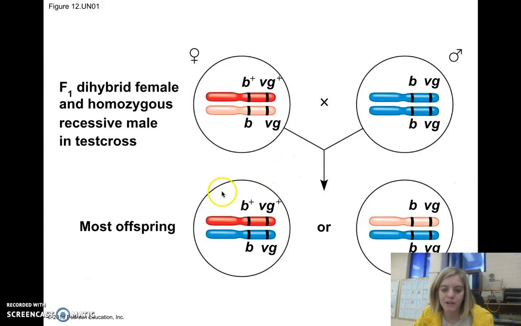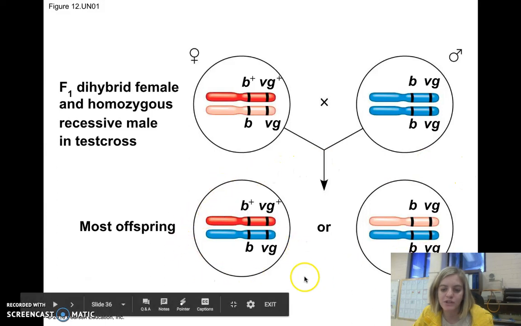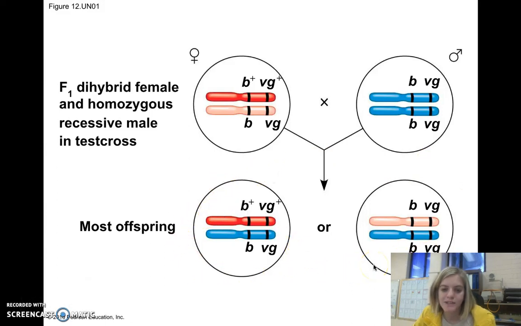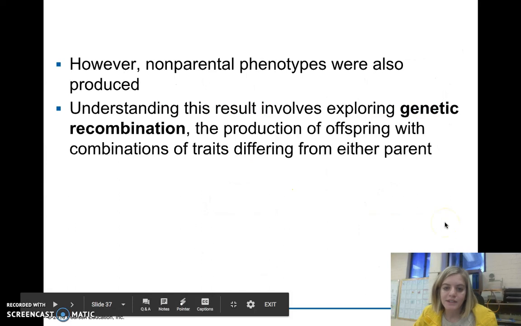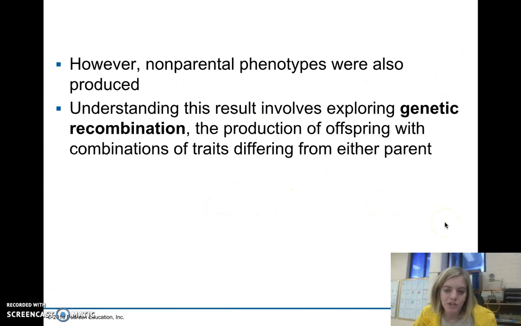Most of the offspring ended up looking like one of these two options. So you can see we got a lot of similarities between the two parents. This is different than the traditional 9:3:3:1 ratios we would expect if these genes were inherited independently. And then we also saw non-parental phenotypes observed.